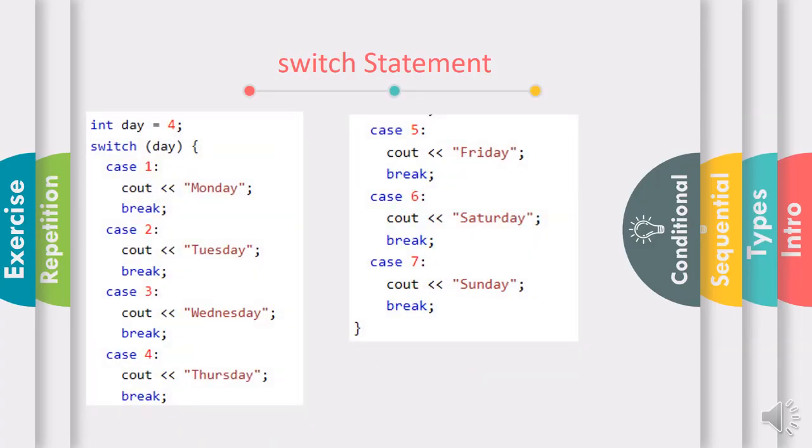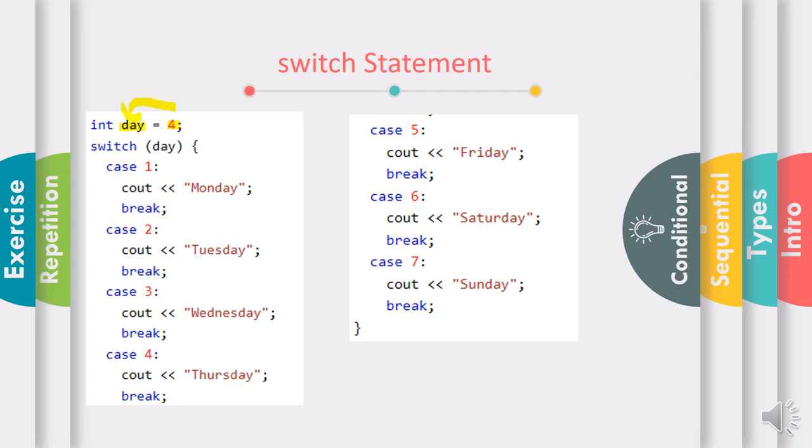So this is the example for the switch statement. With the help of this example, you will easily understand the concept of a switch statement. First of all, we have declared a variable named day. This variable is of data type int and we have assigned the value 4 to the variable day.